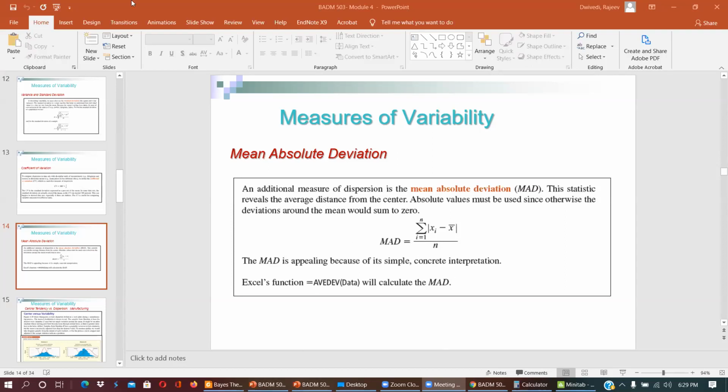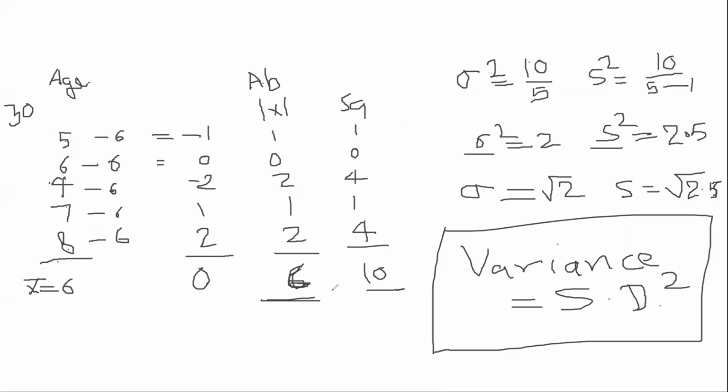Mean absolute deviation equals 6 divided by 5, which is 1.2. So we get all three values here.